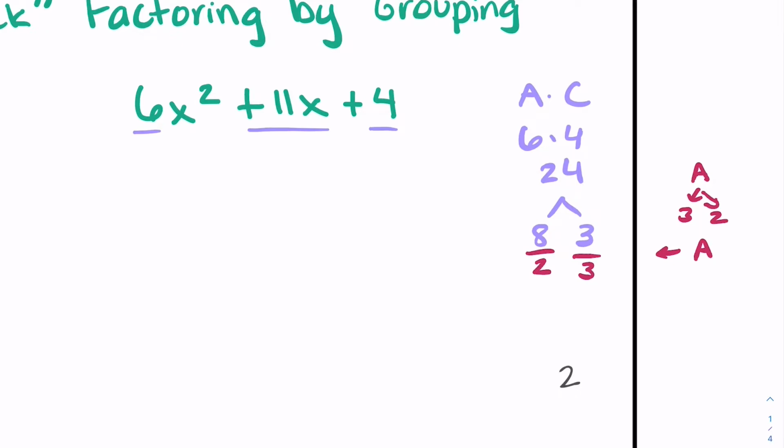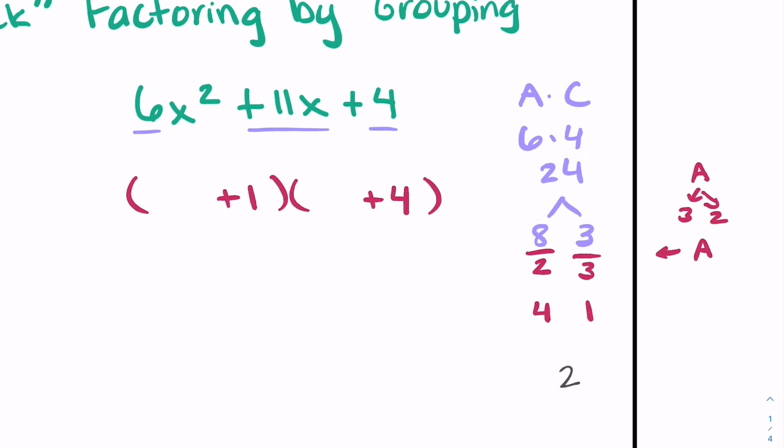What I'm doing is the factoring part. So 8 divided by 2 is 4, and 3 divided by 3 is 1. I'm doing the factoring part to find out the 4 and the 1. They're both positive, too. And from that 4 and 1, the question is, how do I get 4?